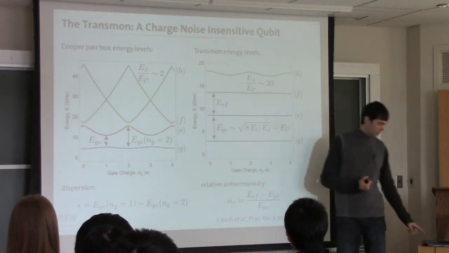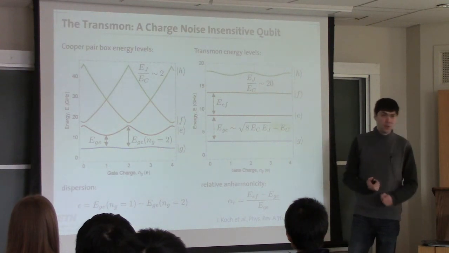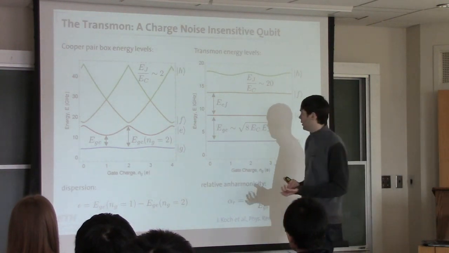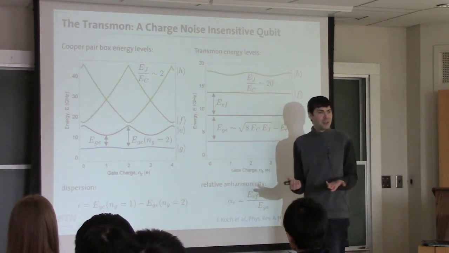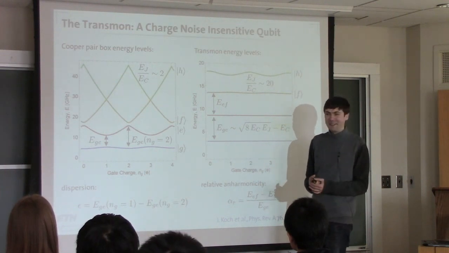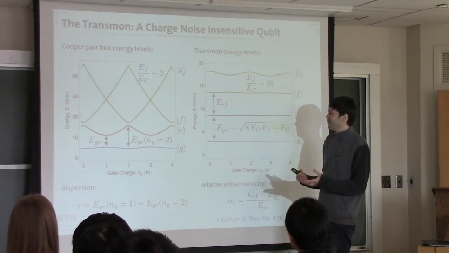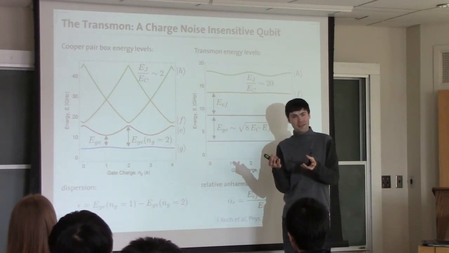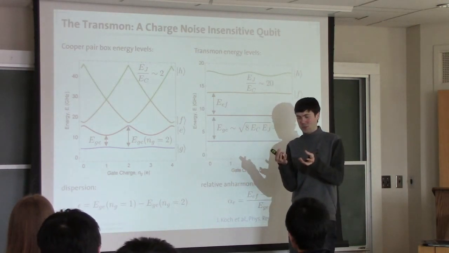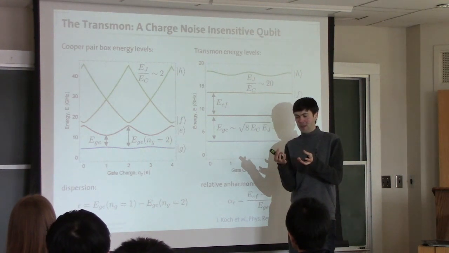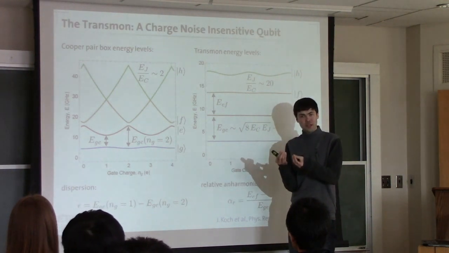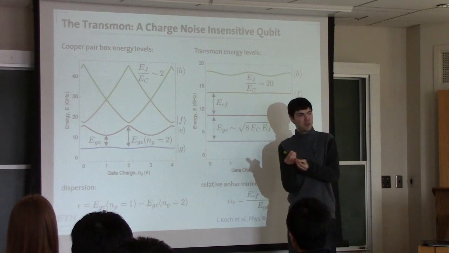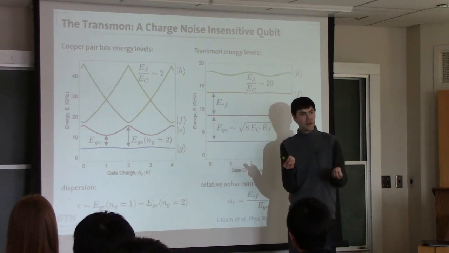But now let's spend the last minute or so thinking about what we have done. What is this qubit now? It was supposed to be superpositions of charge states, and what was creating these superpositions was the fact that we had a very large charging energy, and so there was a difference between having one Cooper pair and two.